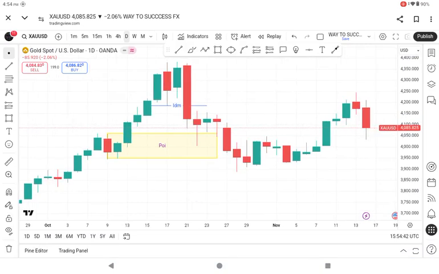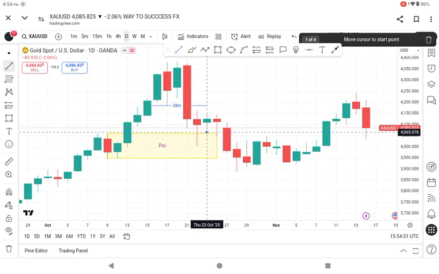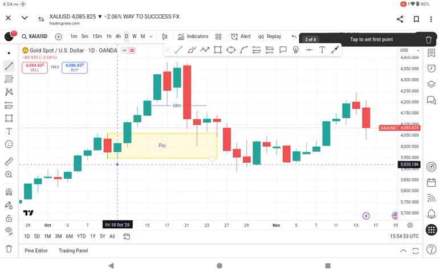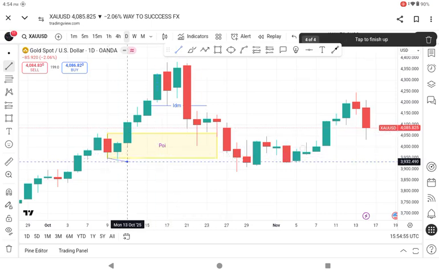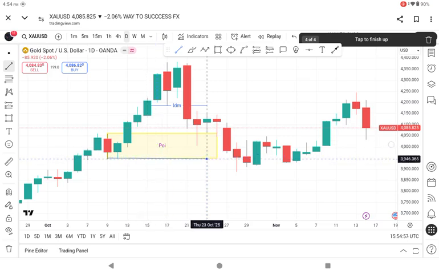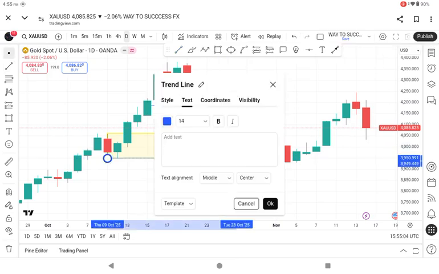Price came to that place, rejected with this pin bar for the first time, but was unable to continue to the upside. Then price returned below the red candle and grabbed liquidity. This is a liquidity grab. Why? Because price didn't close below it.